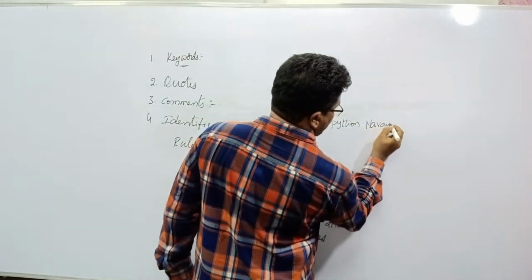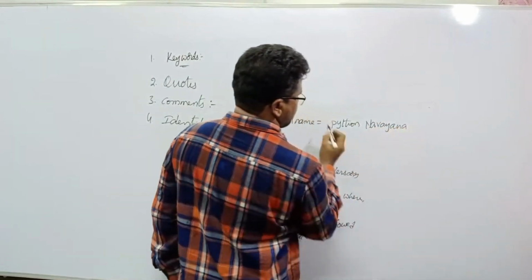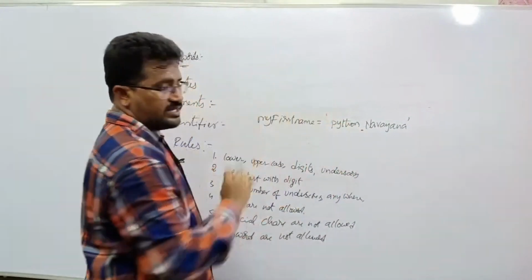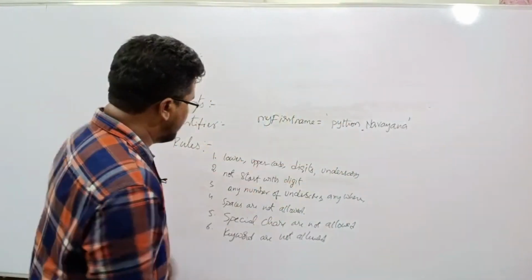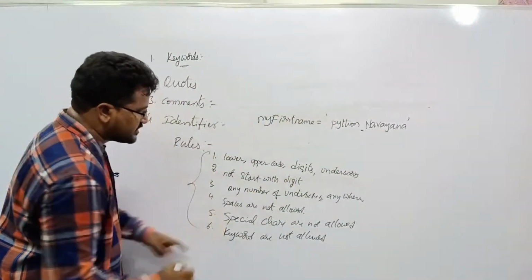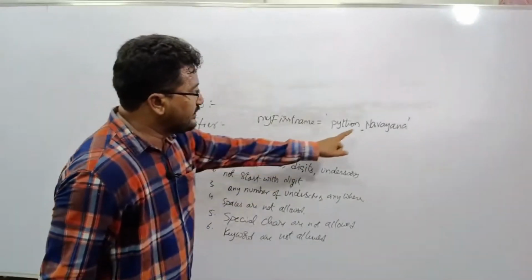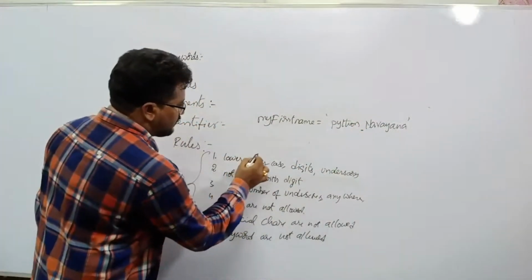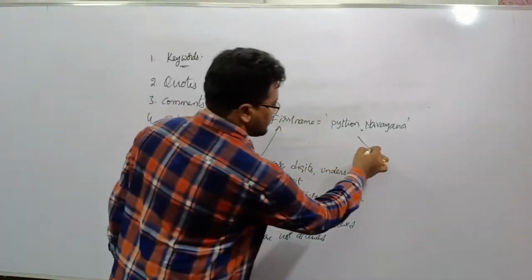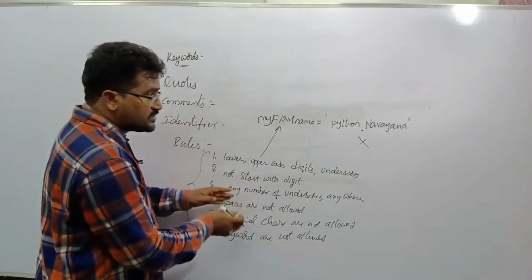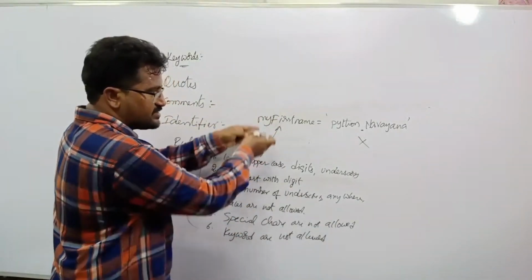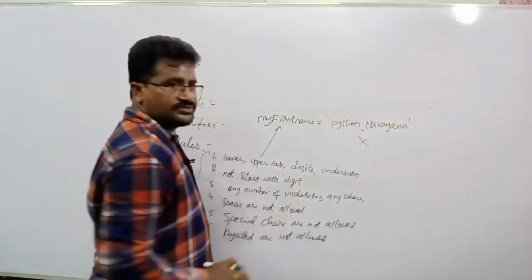Sir, here I am giving a space. Any error? No error. As per your rules, space is not allowed, but I am giving space, sir. Any problem? No problem. These rules are for what here? Variables, not for the values. These rules are for variable names, class names, function names, array names only, not for the values.